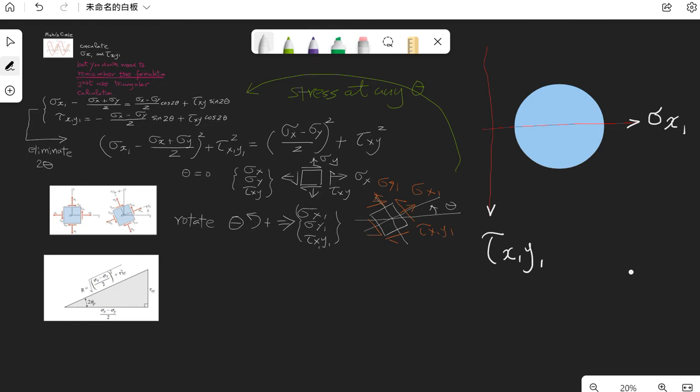So that means at any point here, maybe we write them. We define for horizontal, from here to here, we call this sigma x1.